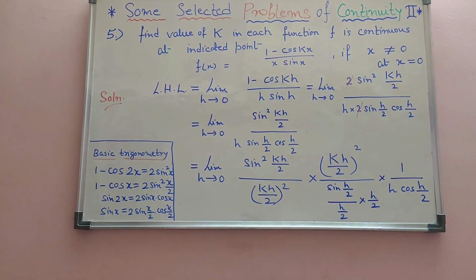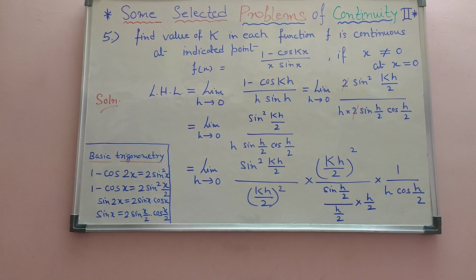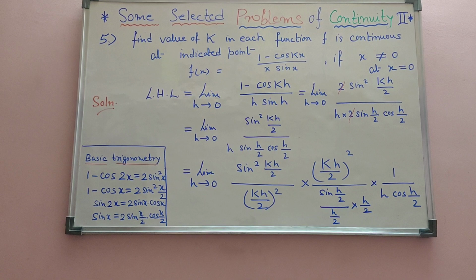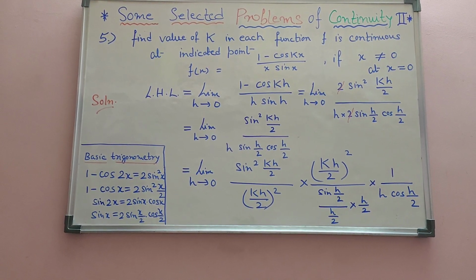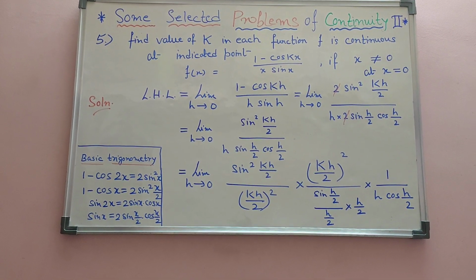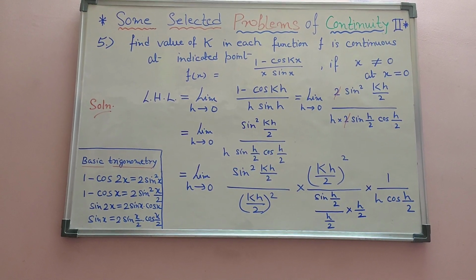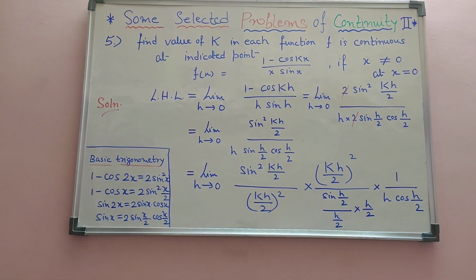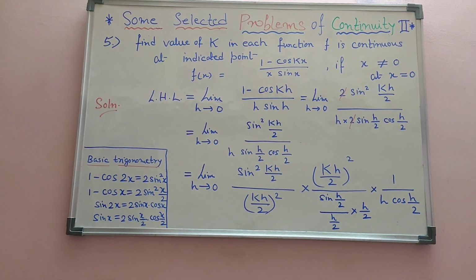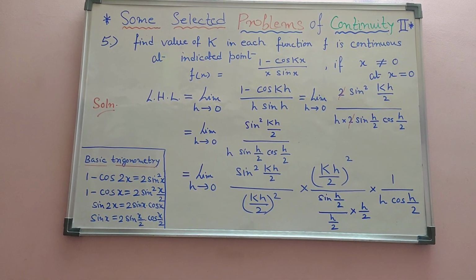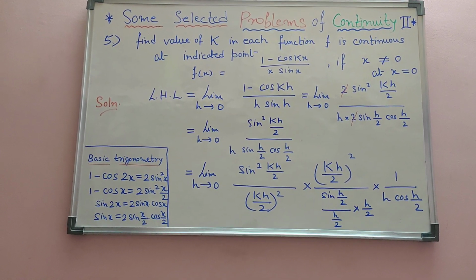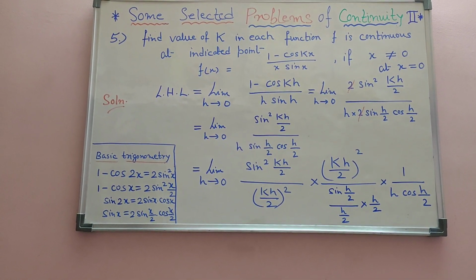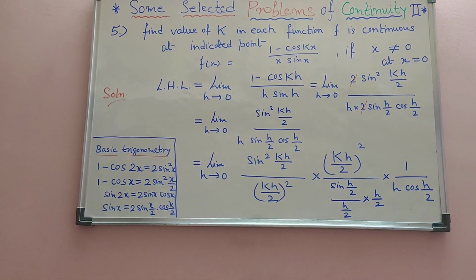The next step uses the limit concept. We know that limit theta tends to 0 of sine theta upon theta always equals 1. On the basis of that formula, here theta is kh by 2, and sine is given with the square. So we multiply and divide by kh by 2 the whole square to make this limit 1.